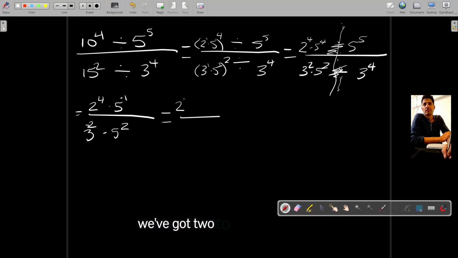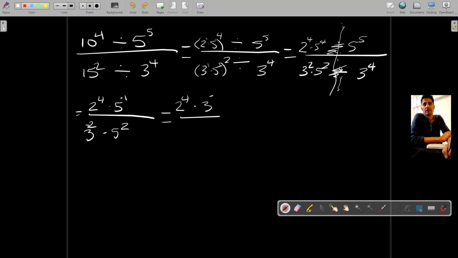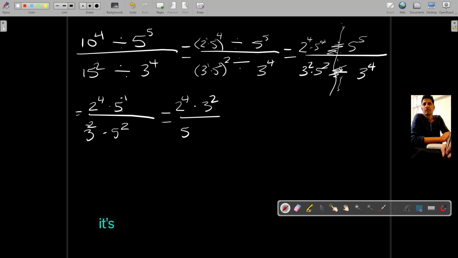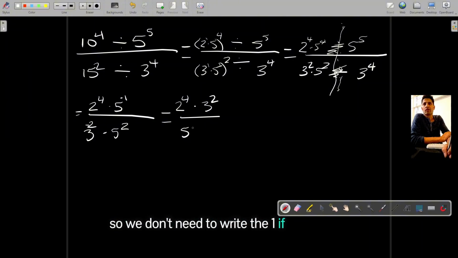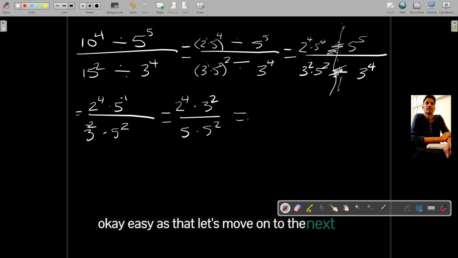We've got 2 to the 4th times, if we move this guy to the top, it'll be 3 squared. Let's push our 5 down to the bottom. It's negative here, but it'll be positive down there. So we don't need to write the 1 if it's positive. And that's going to be times 5 squared. Okay, easy as that.